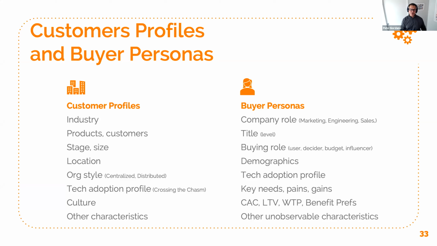But you also want to understand some things that might not be evident. Things like their buying role. Are they a user? Are they a buyer, decider, a budget holder? Are they both the buyer and the decider, right? There's a whole lot there to consider. Also, you have to understand what's called a tech adoption profile. This comes out of Crossing the Chasm.